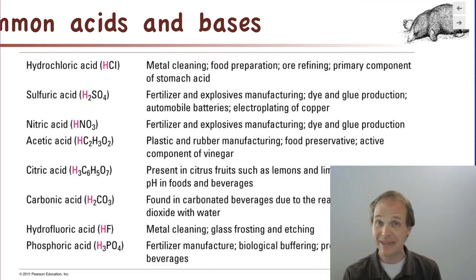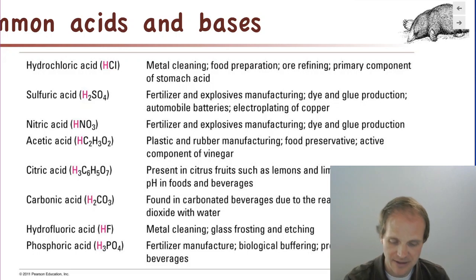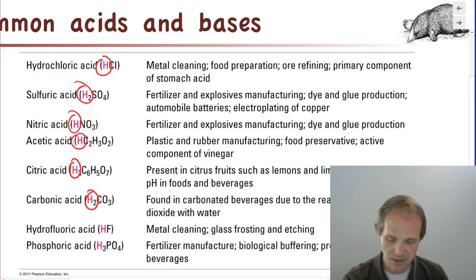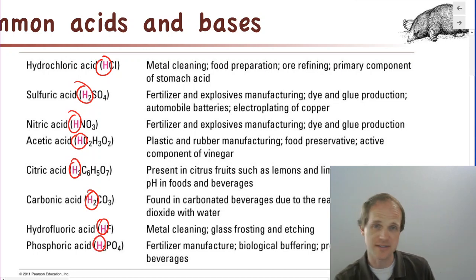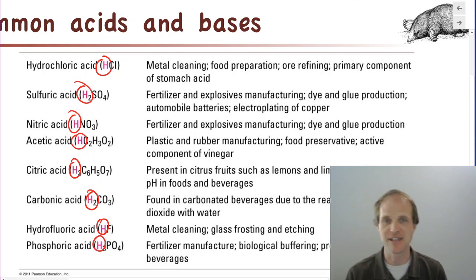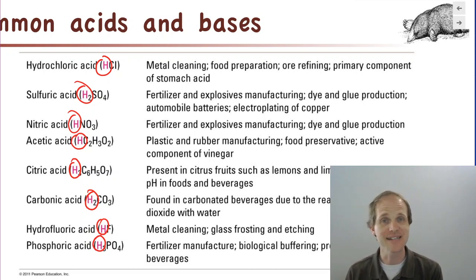You'll notice in pink in front of each one of them, you have that leading hydrogen. And that leading hydrogen is almost always, unfortunately not always, because this is chemistry and there's always exceptions in chemistry, right? But that leading H is almost always an indicator that you have an acid. So if someone writes, hey, I've got H-blah-blah-blah, probably they're telling you I have an acid.